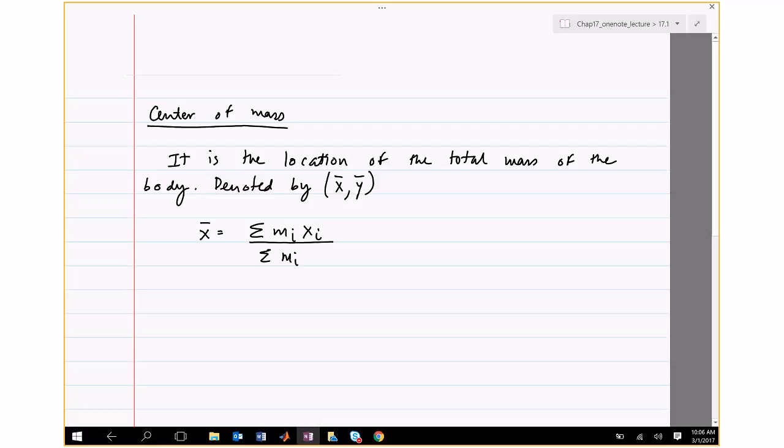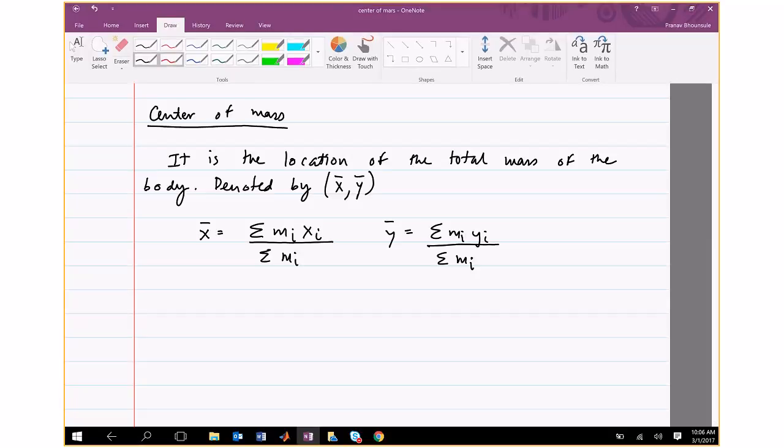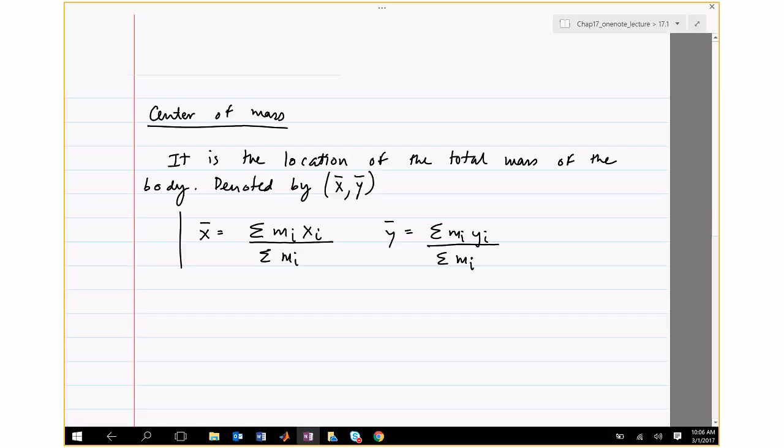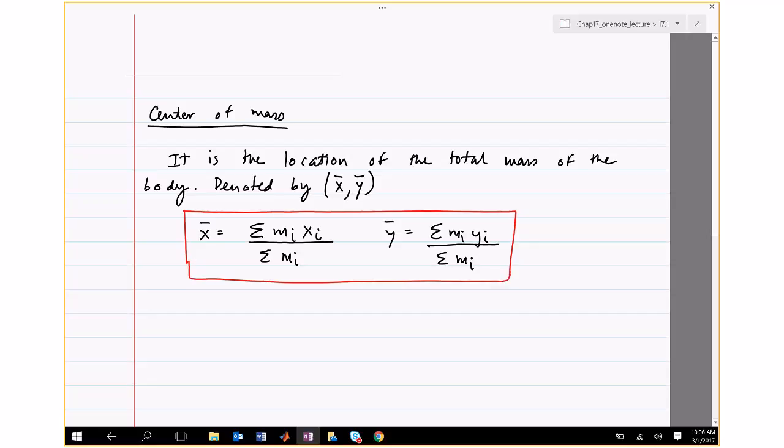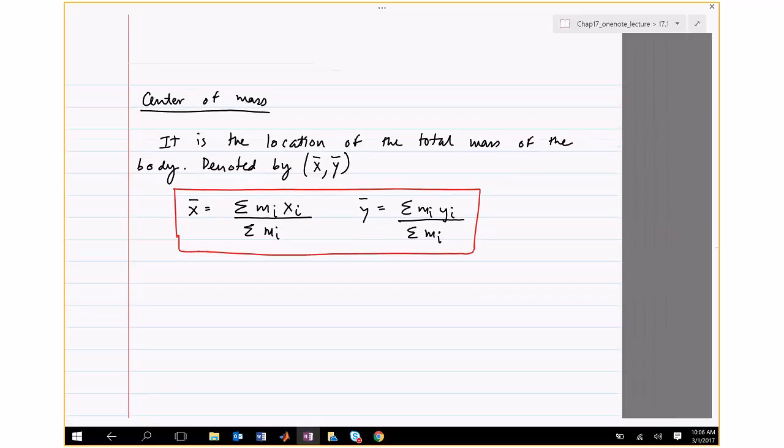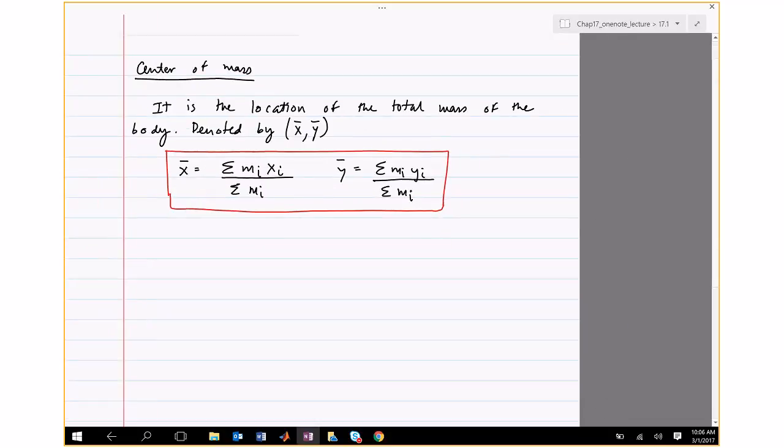You weight by the mass to get the center of mass. Similarly, y bar is the sum of m_i y_i divided by the sum of the masses of individual elements, or the total mass of the body. This will be clear when we do problems.